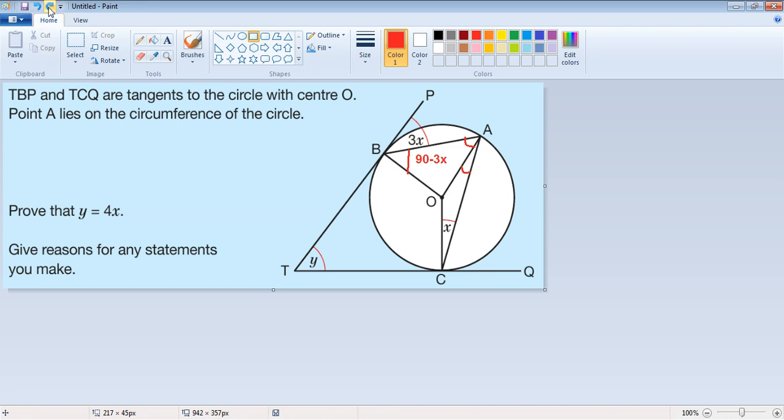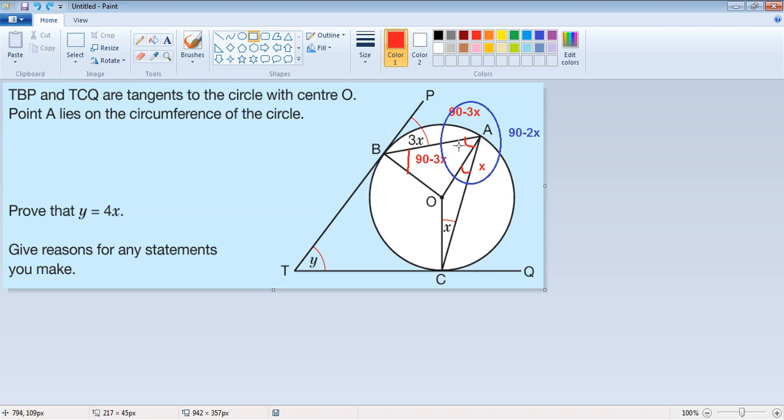So since there are isosceles triangles being created from the center, you can see that we're gonna have the same angles at both sides. Now if we add up this angle here, 90 minus 3x, and x, these two angles here, we're gonna find 90 minus 2x. 3x minus x is 2x.